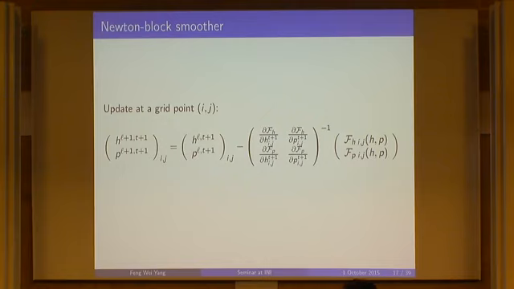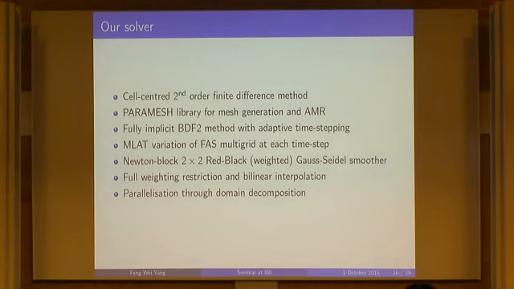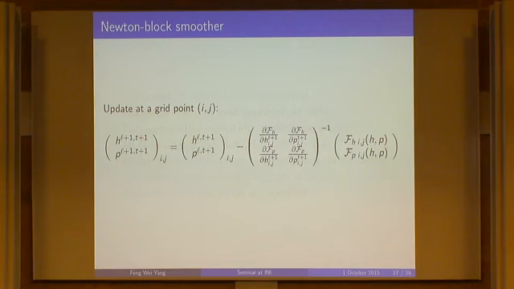I'm not aware of any analysis on how the stability regions of the two different update schemes compare. Essentially it's the same update, but the update scheme is different. Okay, we have full weighting restriction by linear interpolation if someone wants to know, and parallelism through domain decomposition. That's what I said.